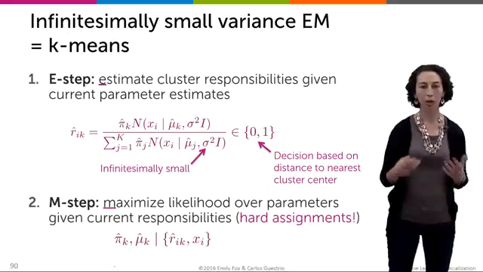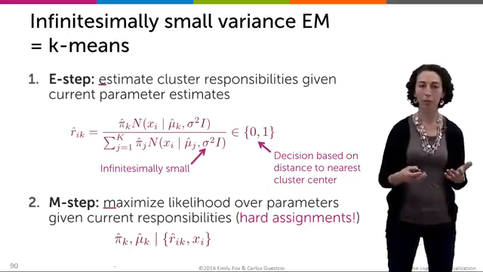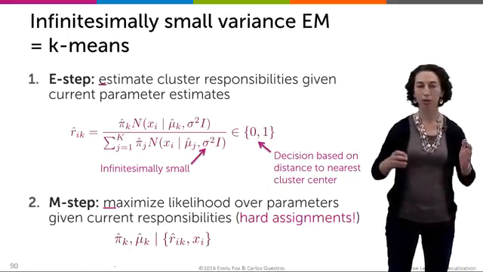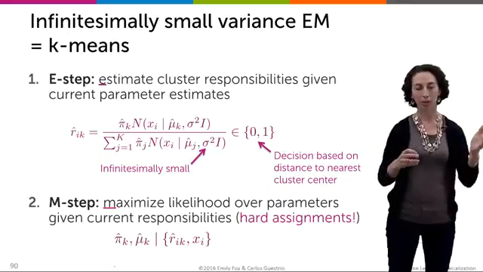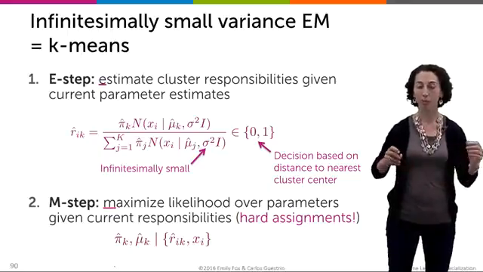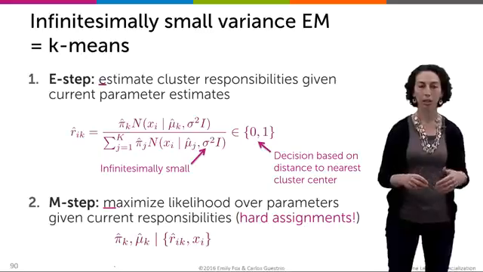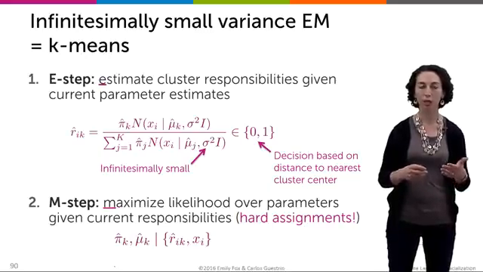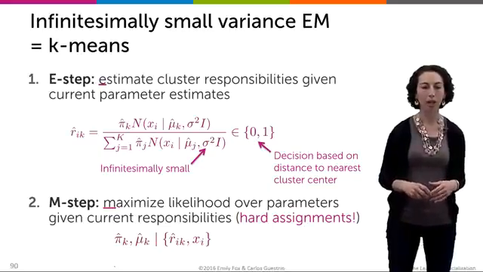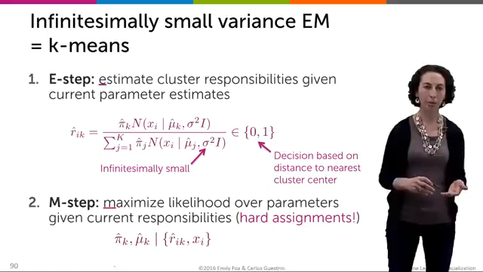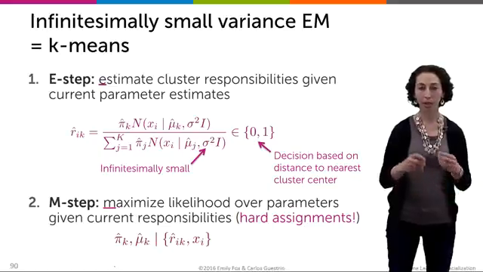And so when we apply our EM algorithm to this mixture of Gaussians with these variances that are, of course, the same across dimensions, but then shrinking those to 0, in the E step, when we're estimating our responsibilities, we're going to get responsibilities that are just 0 or 1 for the reasons that we just described. And then when we go to do our M step, we're just going to update our cluster means.